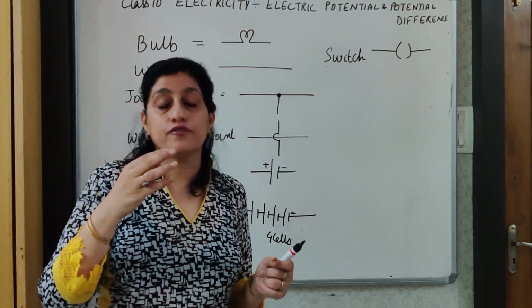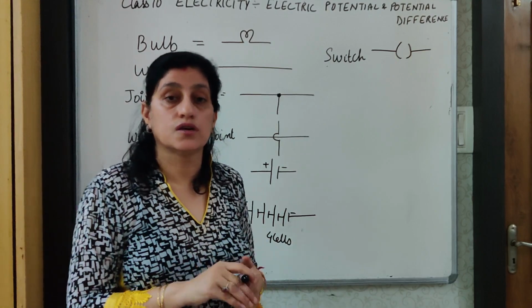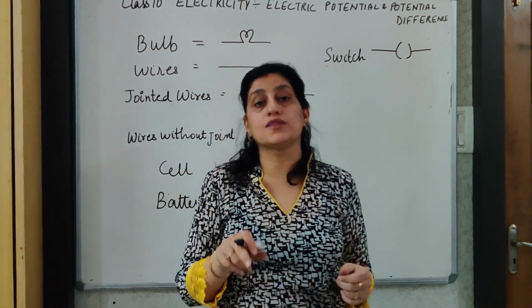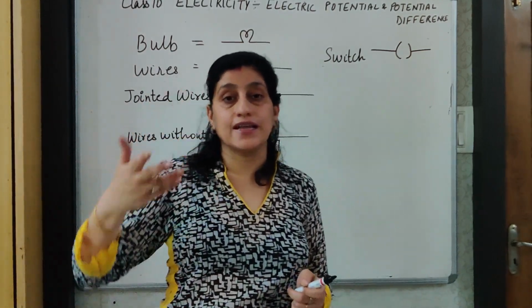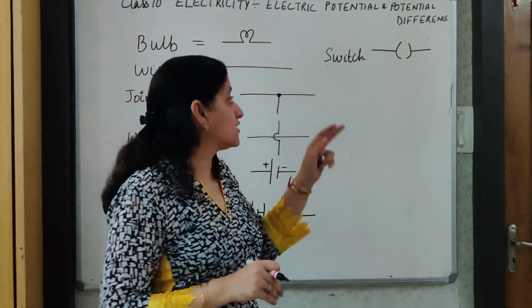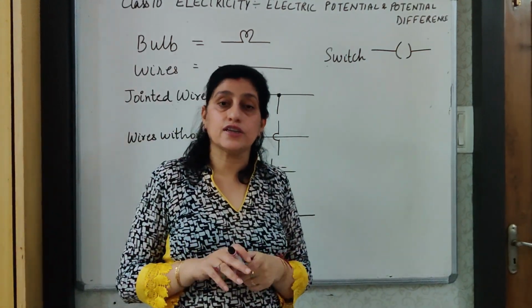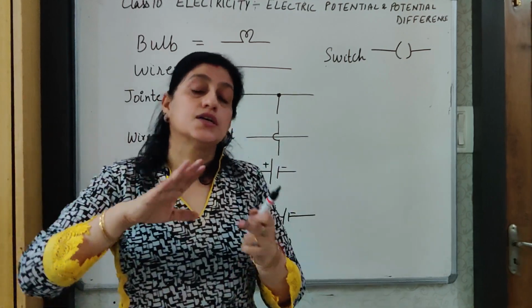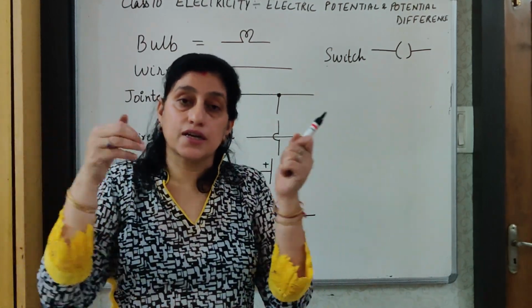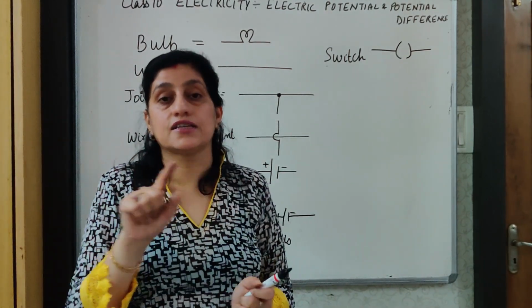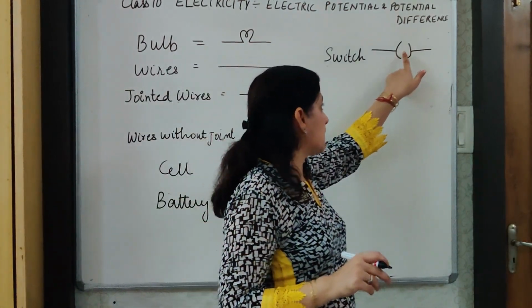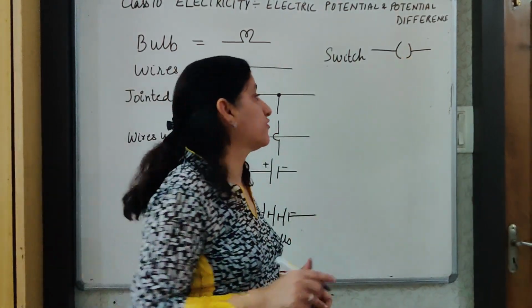This is slightly different from the common language we use. We say button khol de, open the switch, and open the switch means light will come. But in the proper scientific term, an open switch means the circuit is open, the circuit is not complete, and electricity will not flow.